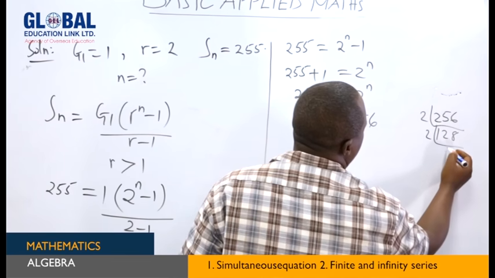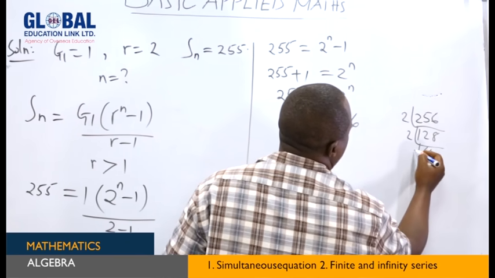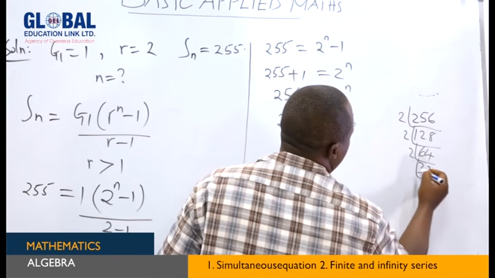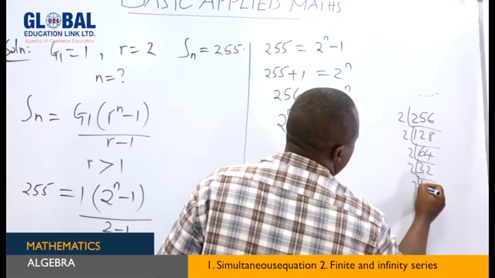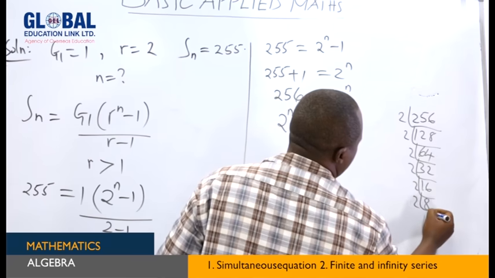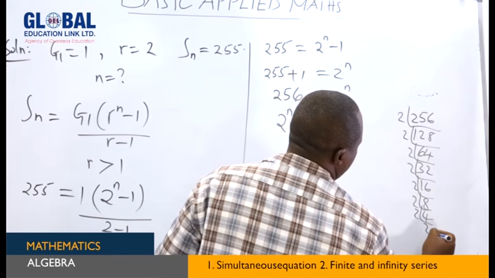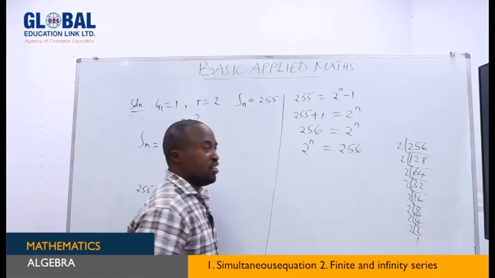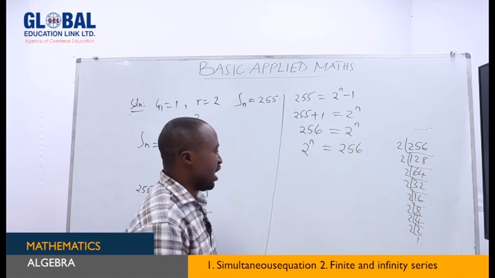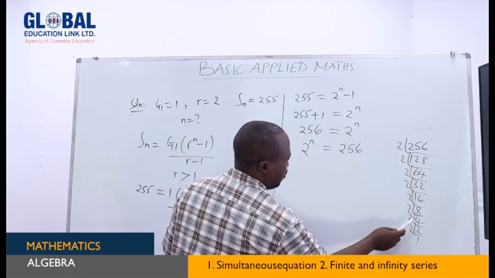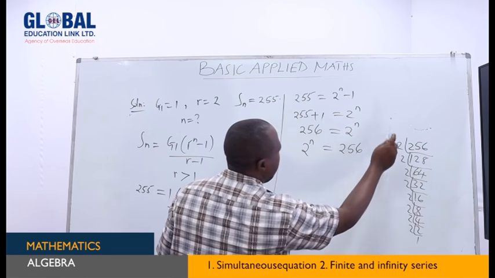By 2, we have 64. By 2, we have 32. By 2, we have 16. By 2, we have 8. By 2, we have 4. By 2, we have 2. And by 2, we have 1. Now, how many 2s are here? You can count them. Of course, we have 1, 2, 3, 4, 5, 6, 7, 8.